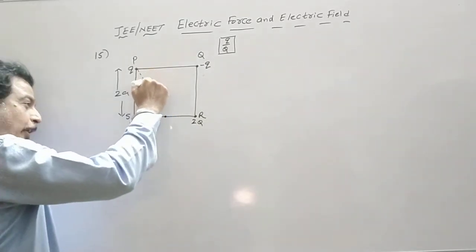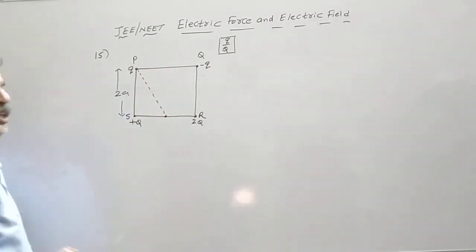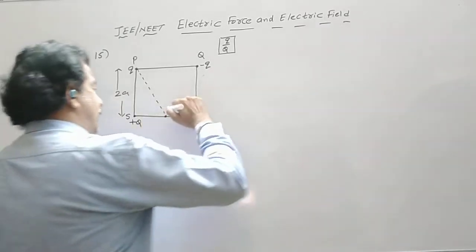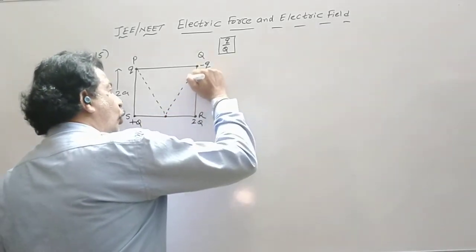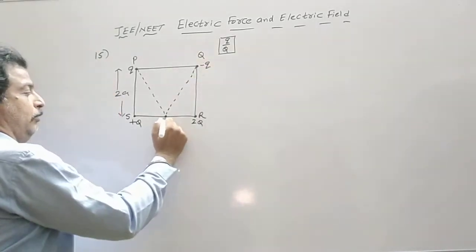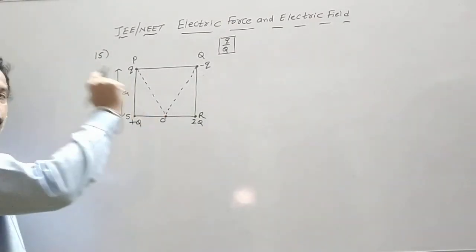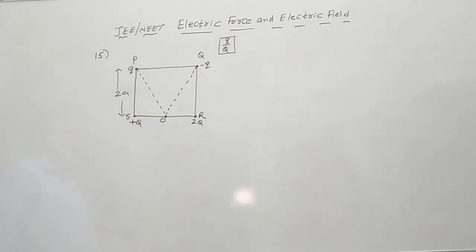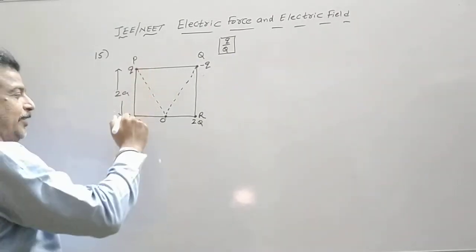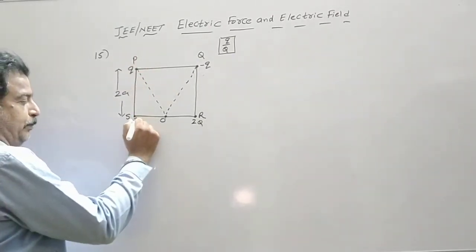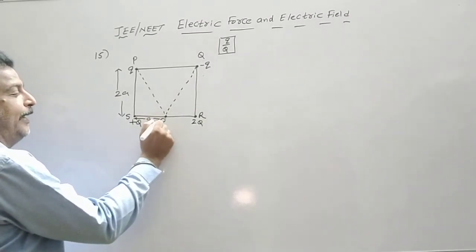So if I join PO and OQ, we have to find out the direction. We assume that a unit positive charge is placed at this point. This distance is 2a, and O is the midpoint, so it is a.